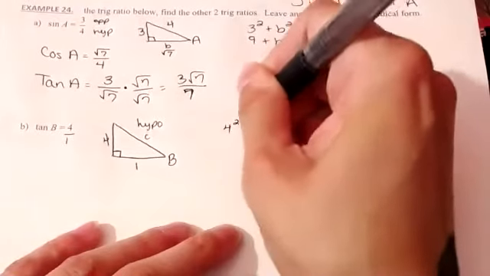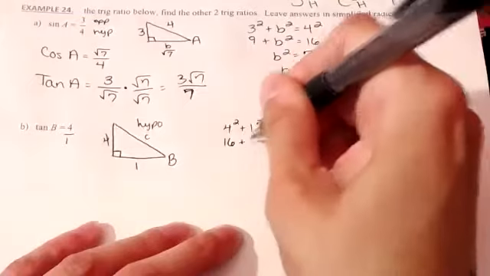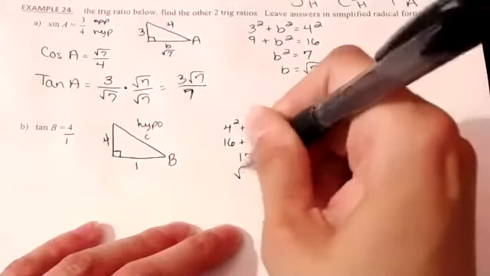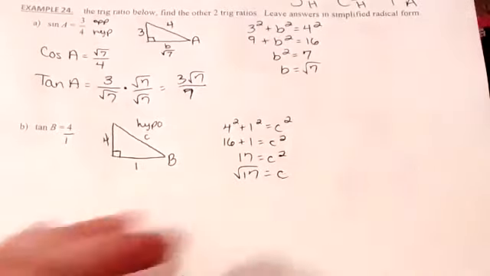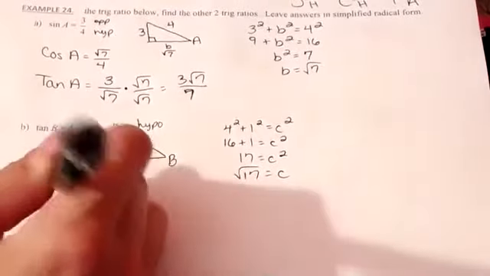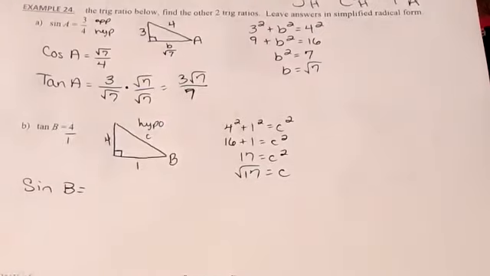So we have 4 squared plus 1 squared is equal to C squared. 16 plus 1 is equal to C squared. And then we see that C is square root of 17. We have tangent of B, but they also want sine of B and cosine of B. Very cool.